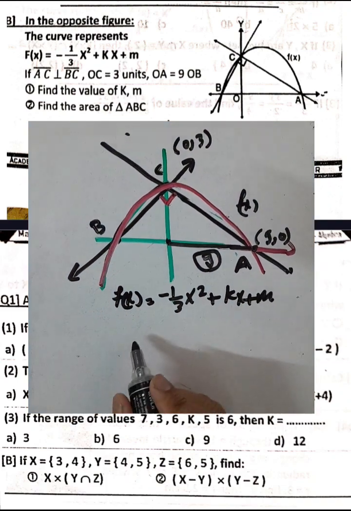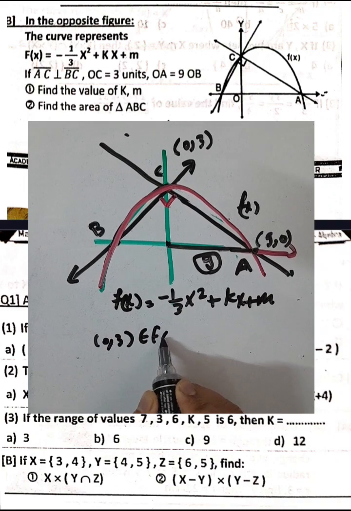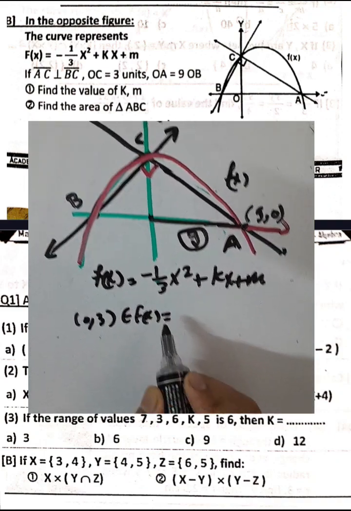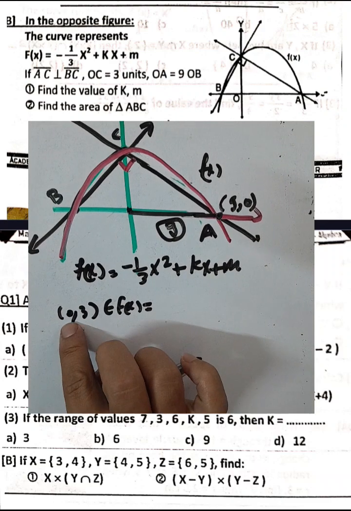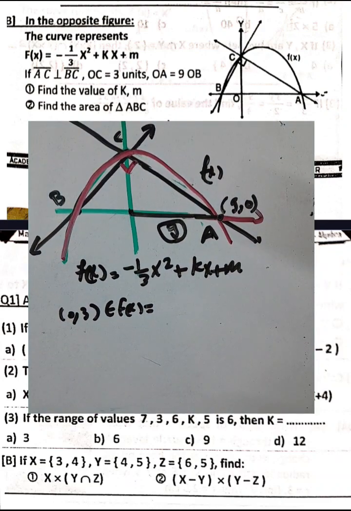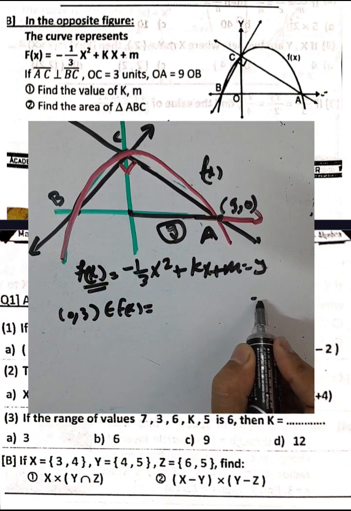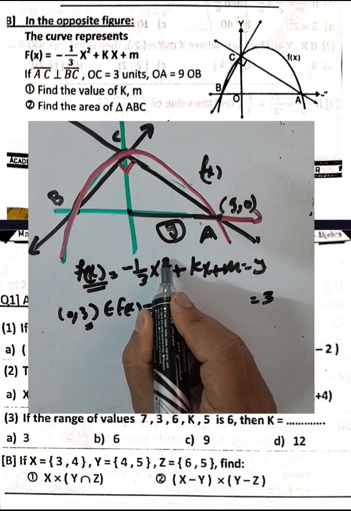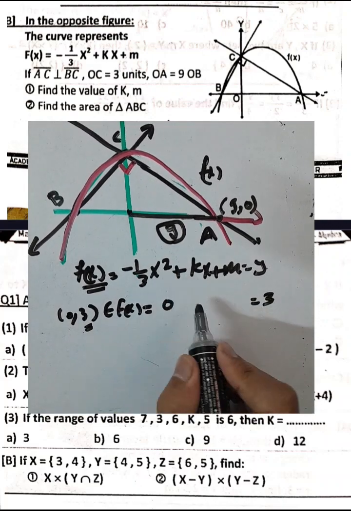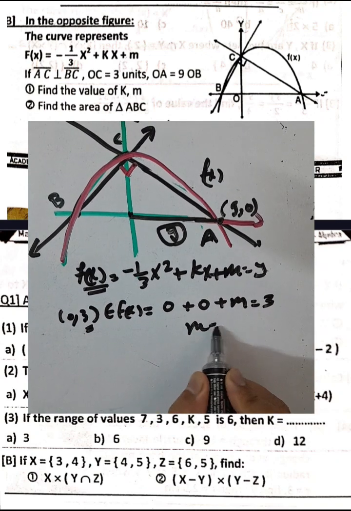Then you can put 0 and 3 belonging to function f of x. Put in this relation x equals 0 and y equals 3. Then y here means f of x, right? 3 and 0 here, 0 times x power 2 is 0, and 0 times x will be 0 plus m. Then m will be equal 3.